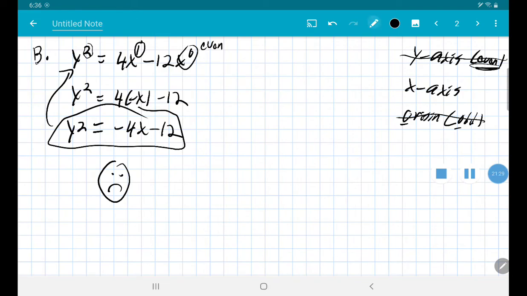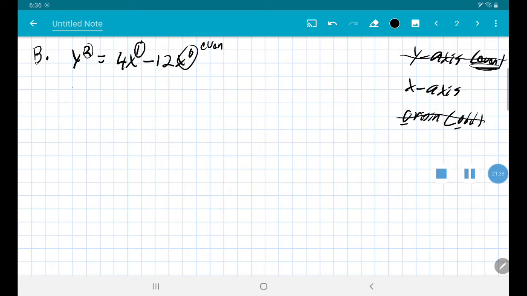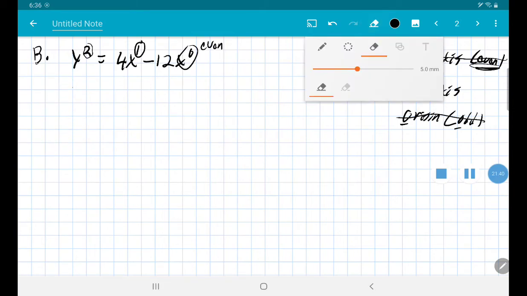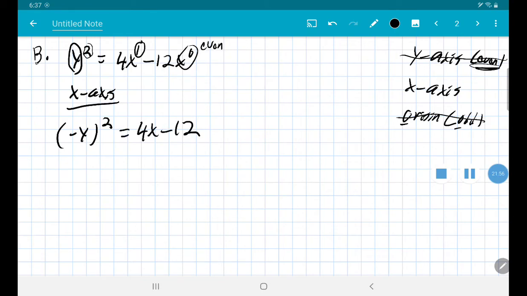So I'm feeling pretty good about this one probably being x-axis symmetry, unless your teacher's a real jerk, much like I am, who might give you one that has no symmetry at all and make you test them all. But let's test it for x-axis. By definition, x-axis symmetry means every y changes to a negative y, and everything else stays the same.